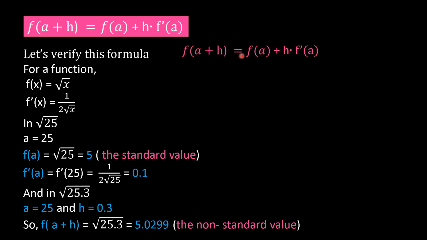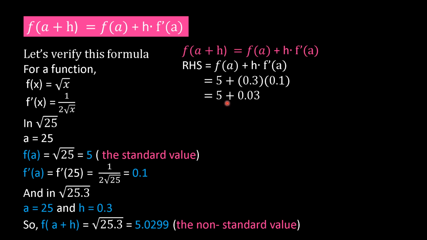f of a plus h equals f(a) plus h f dash a. This is our estimation formula. We will substitute the values for RHS, or we will write RHS equals f(a) plus h f dash a. We will substitute the values 5, which is f(a), plus 0.3, which is h, multiplied by f dash a, which is 0.1.